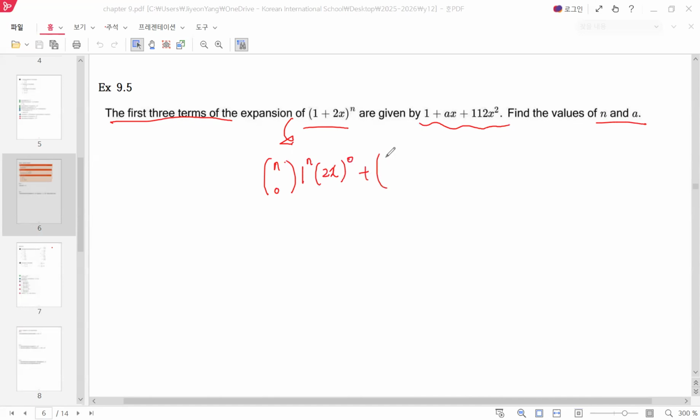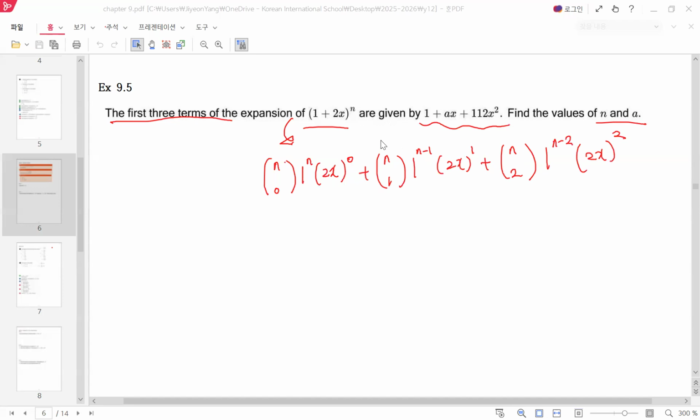What is the next one? n combination 1, 1 to the power of n minus 1, and then 2x to the power of 1, plus n combination 2, 1 to the power of n minus 2, and 2x to the power of 2.